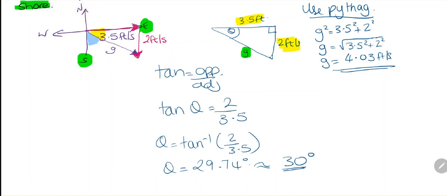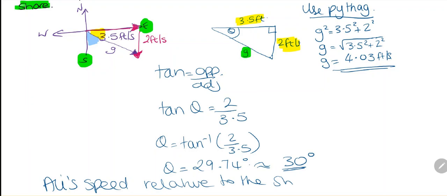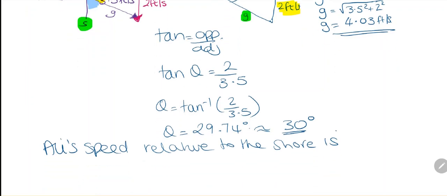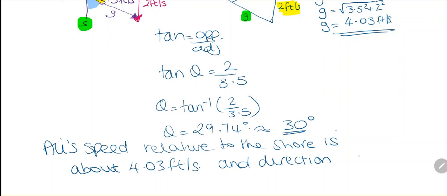So we can say that Ali's speed relative to the shore is about 4.03 feet per second, and the direction is going to be south 60 degrees of east, so southeast 60 degrees.